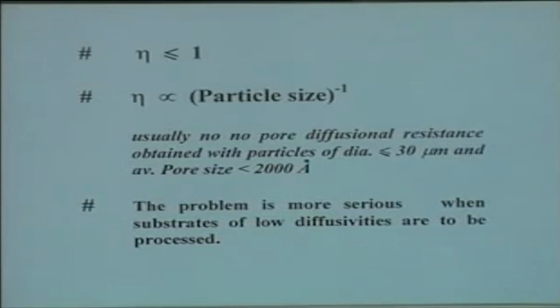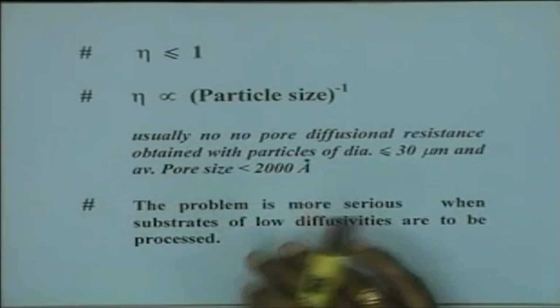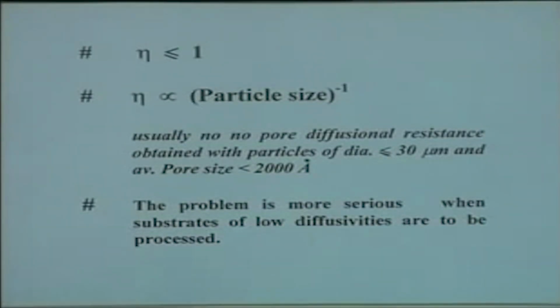That essentially means that the whole of the matrix of the immobilized enzyme particle is able to get adequate substrate and carry out the biochemical reaction, and therefore, in almost all experimental conditions usually no pore diffusion resistance is obtained. That means, the effectiveness factor approaches 1 with particles of diameter less than 30 microns and average pore size greater than 2000 angstrom.